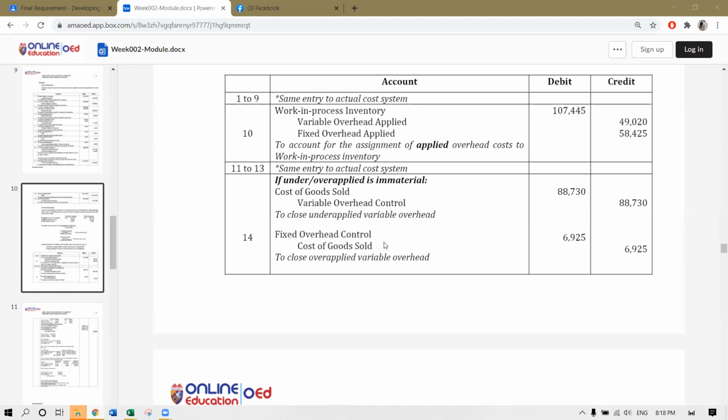That is why we credit cost of goods sold: we need to subtract from the cost of goods sold account because we have already recorded more than the actual cost.